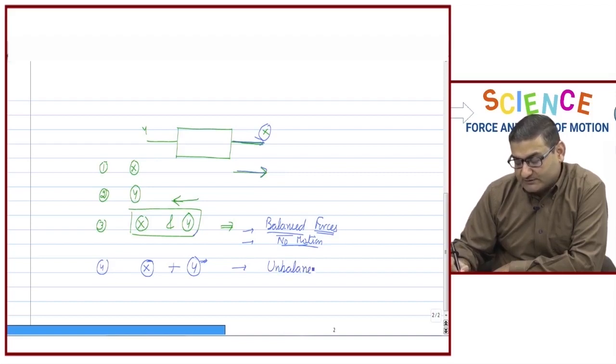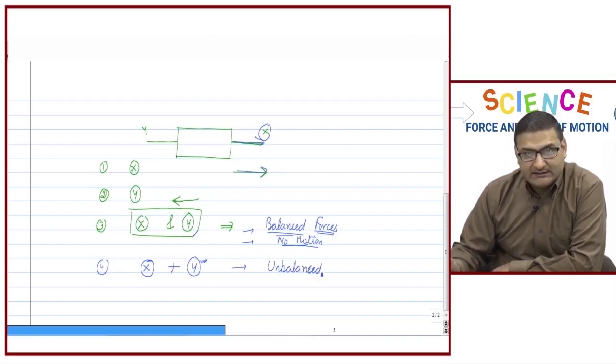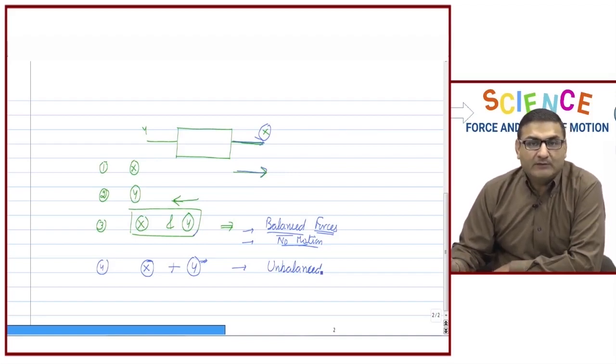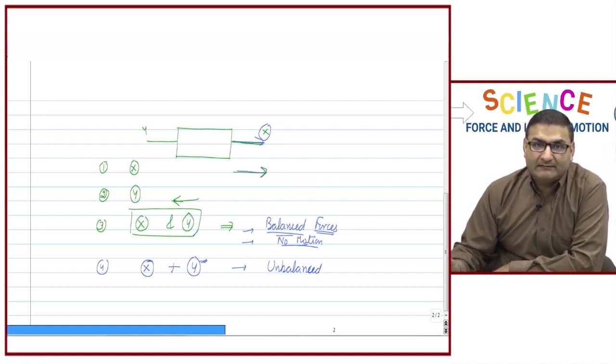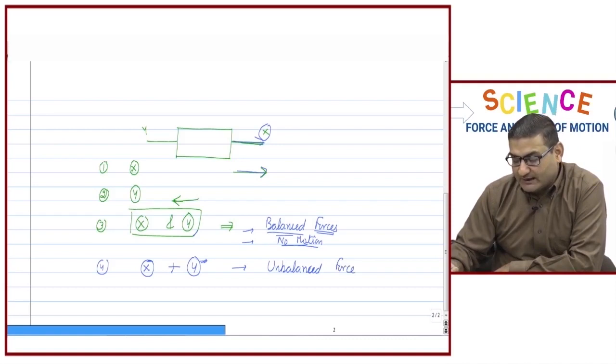The forces may be in opposite directions to each other, but the total amount of force on both sides is not equal, due to which the object is going to move in the direction where more force is applied. These forces are known as unbalanced forces.